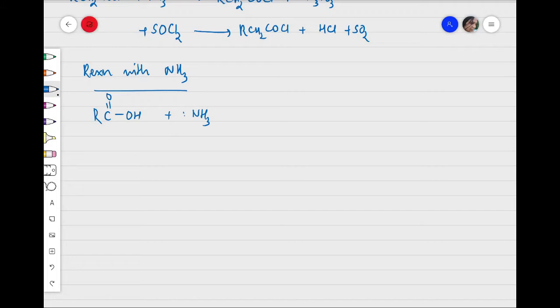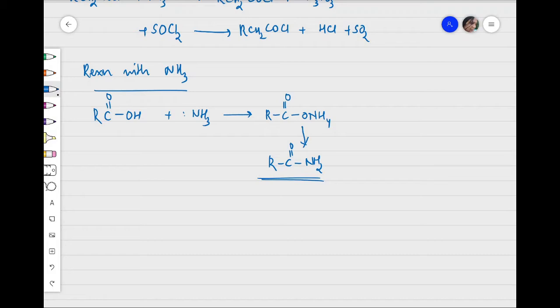So first what we get is the ammonium salt, which is RC double bond O ONH4, because this is how the ammonium salt is formed. This decomposes to form the amide RC double bond O NH2.